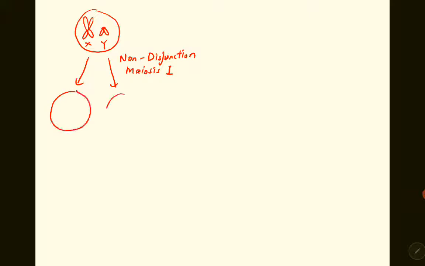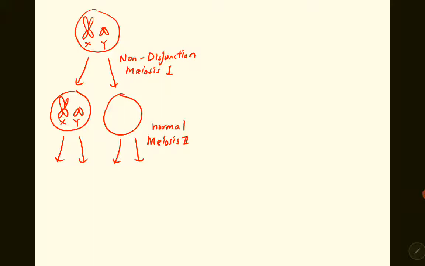So this pair of homologous chromosomes fails to separate. So now it will become XY, and this one will be empty. Now meiosis 2 is normal, so the sister chromatids can separate, and the empty one will remain empty.